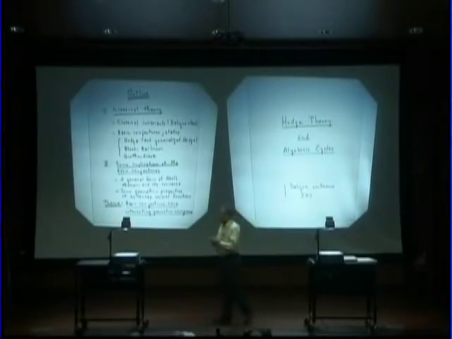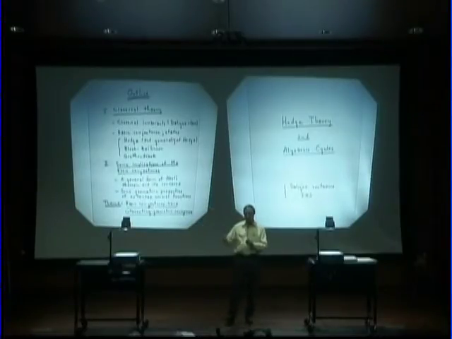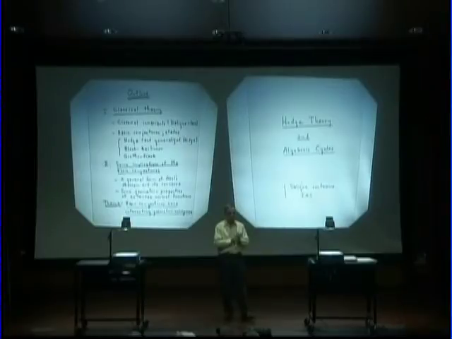And then talk about some implications of those basic conjectures, or at least parts of them. If they are true, what algebraic geometric consequences do they have?